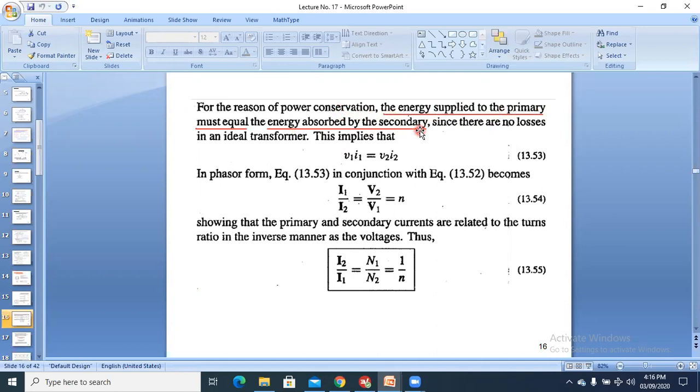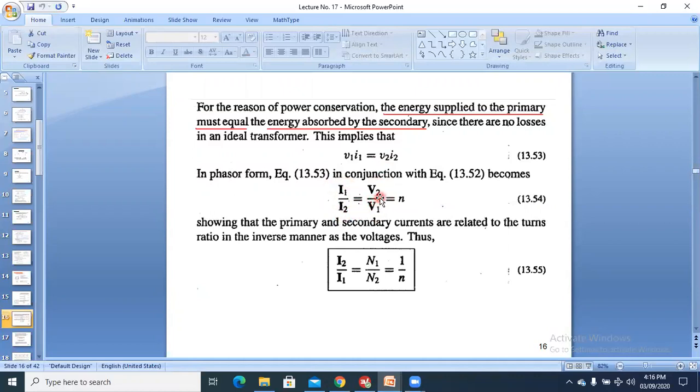Whether it is a step-up transformer or a step-down transformer, the power rating, or the power consumption and absorption, at both sides must be the same. So the voltage turn ratio is inversely proportional to the current ratio.